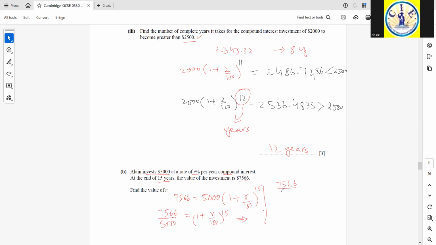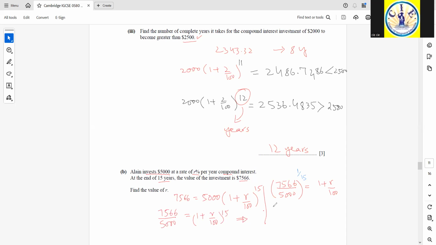Let me do it completely first. 7566 divided by 5000. Now I need to take its power to be 1 by 15 on both the sides. Like this.